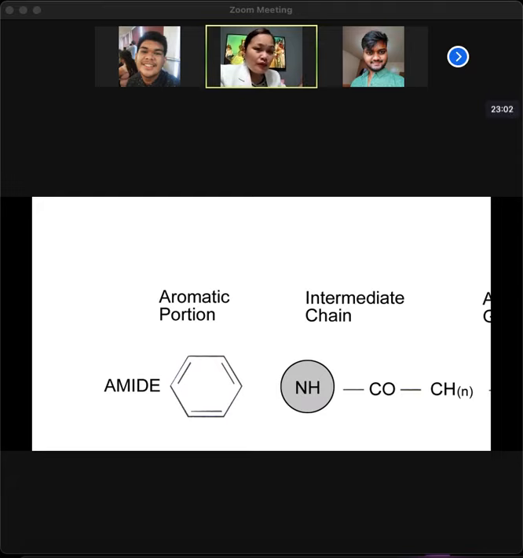The amine group is responsible for the hydrophilic characteristics of your local anesthetics, while the aromatic portion is responsible for the lipophilic characteristic.